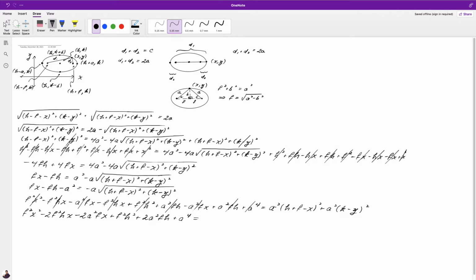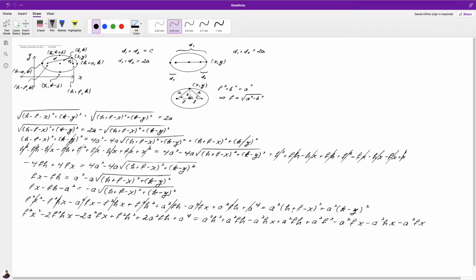So expanding this and not forgetting to multiply every term by a squared, we're going to have a squared h squared, plus a squared fh, minus a squared hx, plus a squared fh, good, plus a squared f squared, minus a squared fx, minus a squared hx, minus a squared fx, and then plus a squared x squared.